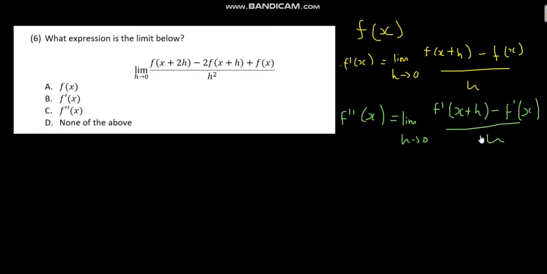So this is the expression for the second derivative if you want to use the limit approach. Since you now know about this, let's go ahead and solve the question here.